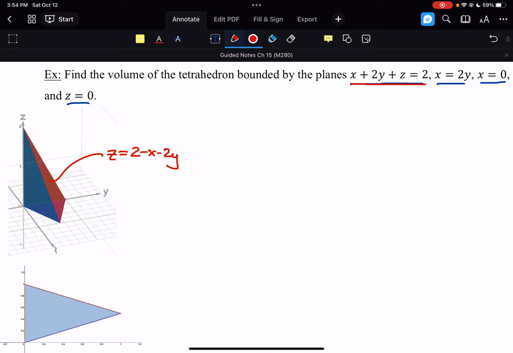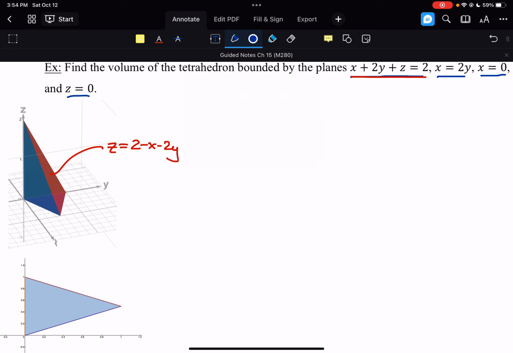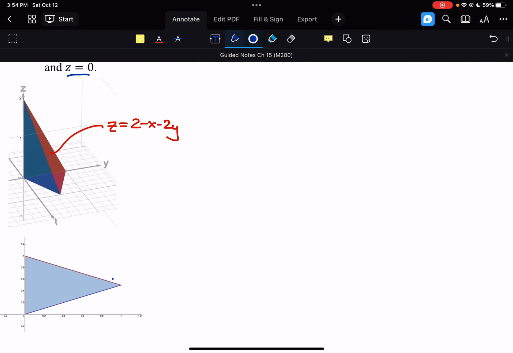Then, if we look at the 2D region down here, this is the triangle that gets formed. So I should say, put this the way that they wrote it, x equals 2y. This one was x equals 0 over here. This one is formed by this plane, but when z equals 0.